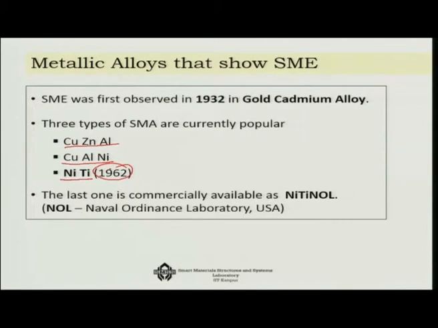The last one, NiTi, is commercially available with the name nitinol, that is, Nickel Titanium Naval Ordnance Laboratory of USA, who discovered this particular shape memory effect in this material.